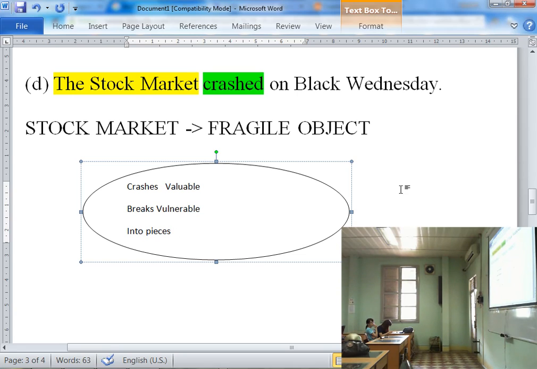What else? You take care very carefully, right? So it can be sellable. It can drop, it can rise.